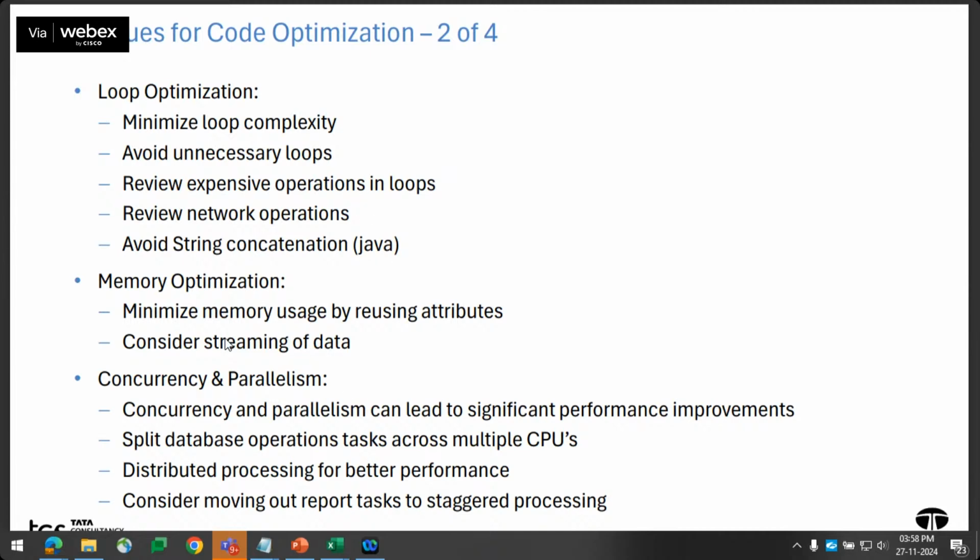And then we should consider streaming the data. We cannot be getting, say, 20 or 30 MB of data into memory and then performing operations. Even if it is 20 MB, if we multiply by 1 million users operating concurrently at any point of time, then it will be huge.